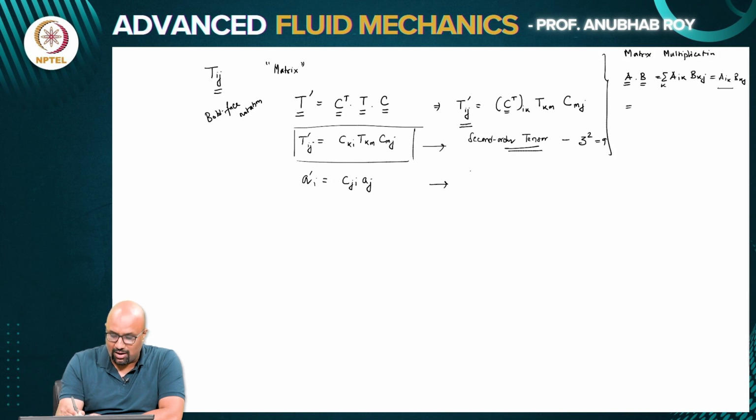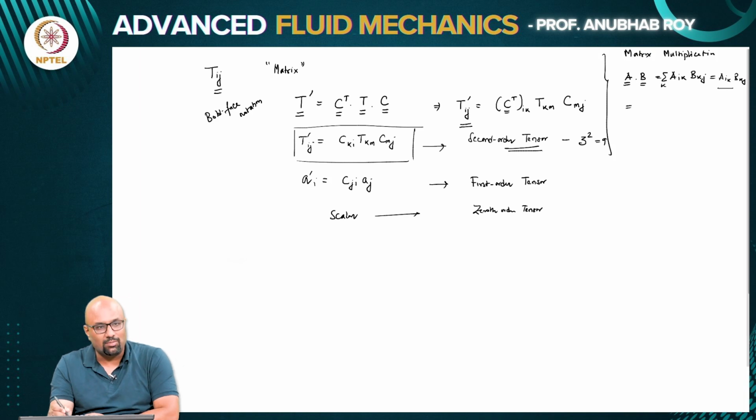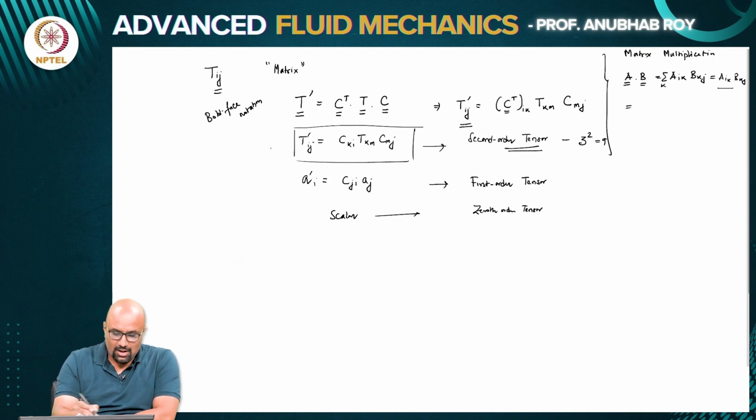So, the vector you can now generalize, using the same language, and call a tensor of order 1. So, a first order tensor would be a vector, and if you continue going below, a 0th order tensor is what we have always been calling a scalar. So, this is trying to put everything together under one single umbrella.